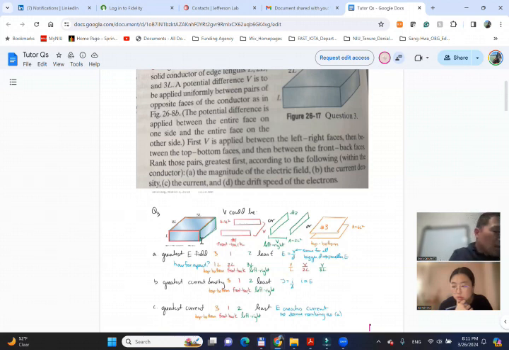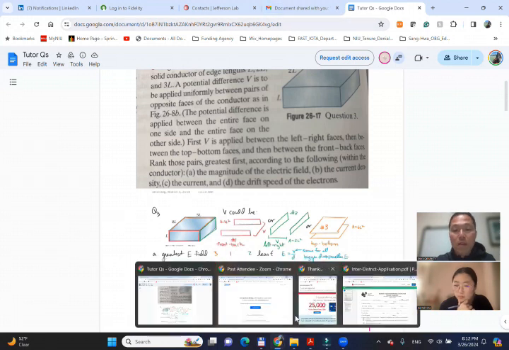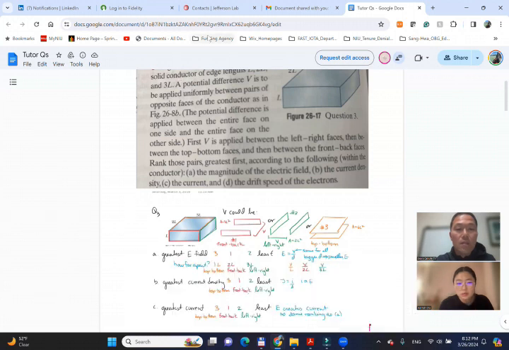So let's see, V over R, with R from the conductivity and L over A, where A is the cross-sectional area too, right? Let me give you a better way to solve this problem rather than using the electric field configuration.